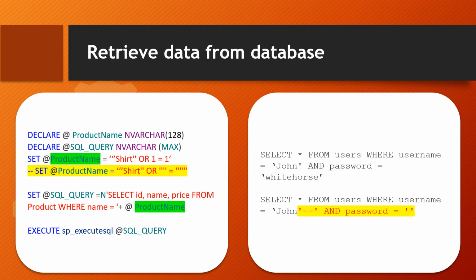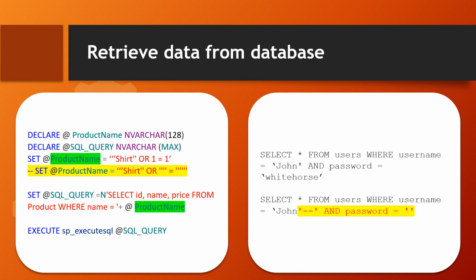The biggest mistake a developer makes is to pass the parameter directly into the query and, at the end, just execute it. Whatever value is passed into this parameter, product name, will directly get passed into this query.